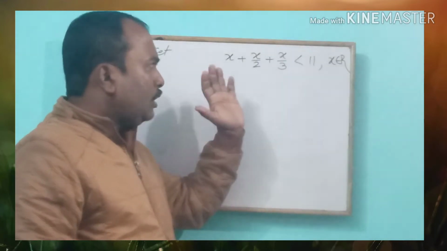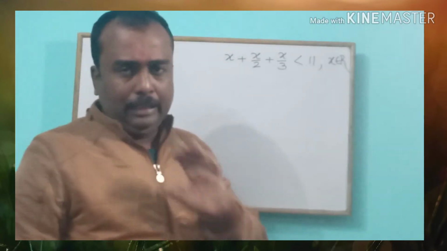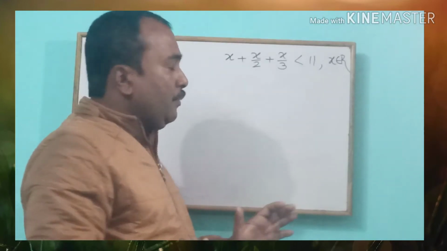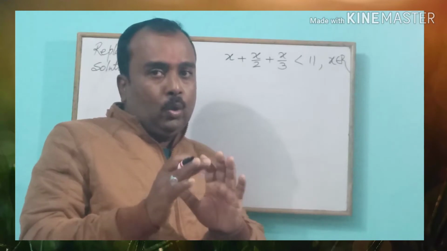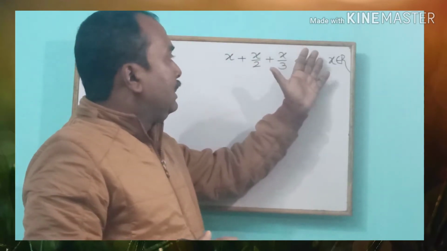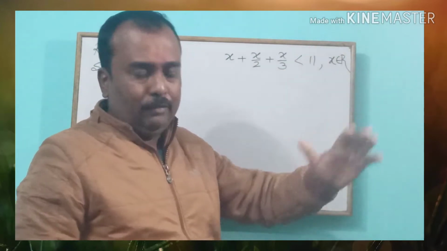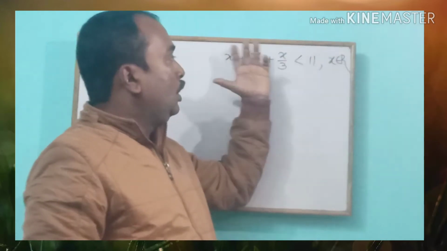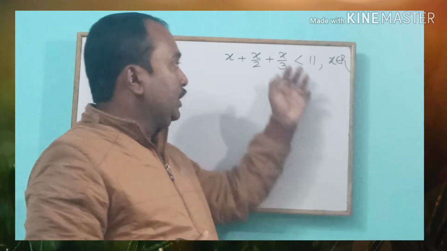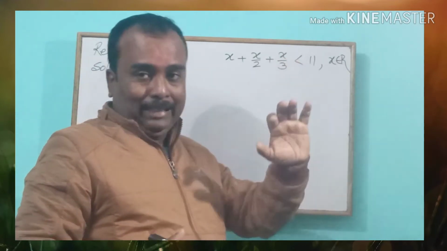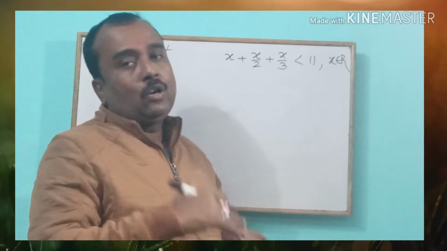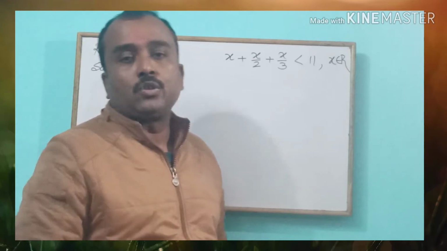Now, whenever you get any inequation, what are the steps that you should usually maintain? First of all, you try to simplify both the sides. Here, it is a very simple example. I should deal with some more difficult problems also. First of all, you should simplify either side of the inequation, and then bring all the variables on one side and all the constants on the other side.